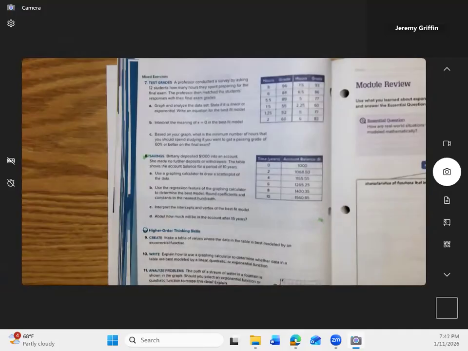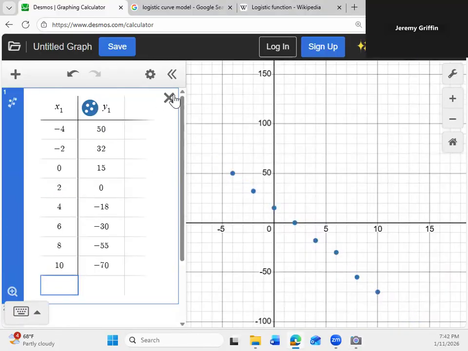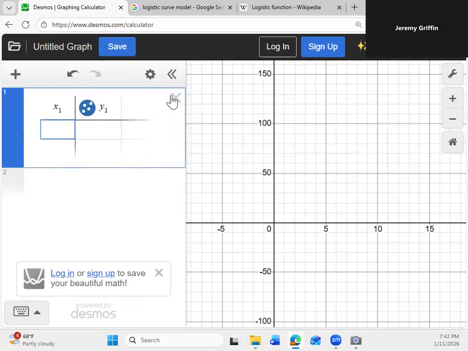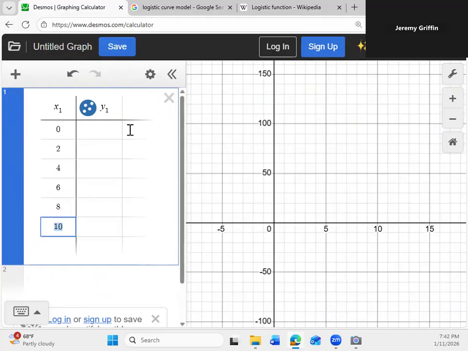So let's do that. Back over to Desmos. All right, clear this out. Type table. Okay, and we're looking at years 0, 2, 4, 6, 8, and 10. And then the amount in her account: she started off with exactly $1,000. Then after 2 years, she has $1,068.50.